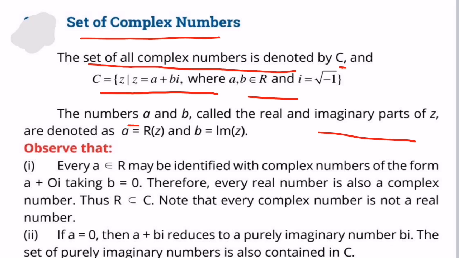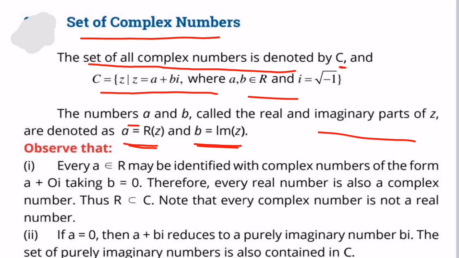But imaginary part does not mean that this is an imaginary number. The imaginary part is also a real number. a is equal to the real part of z and b is equal to the imaginary part of z. Observe that every a belonging to R may be identified with a complex number of this form.